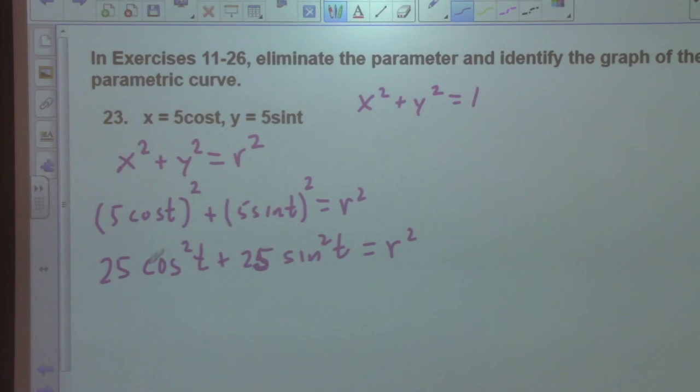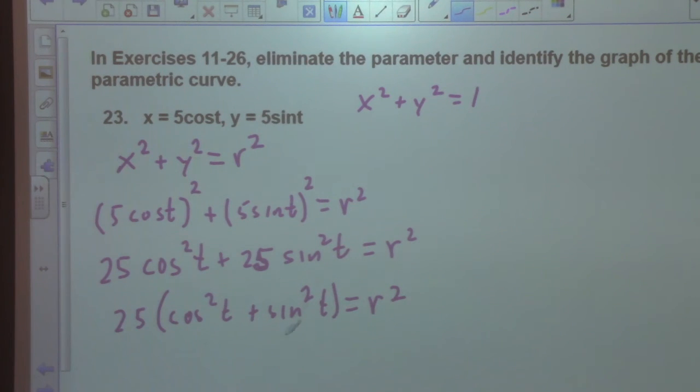Okay, what can we do with this on the left? Do we have a common factor between 25 cosine squared t and 25 sine squared t? 25, thank you, Kayla. So it's going to be 25 times cosine squared t plus sine squared t, equal to r squared.